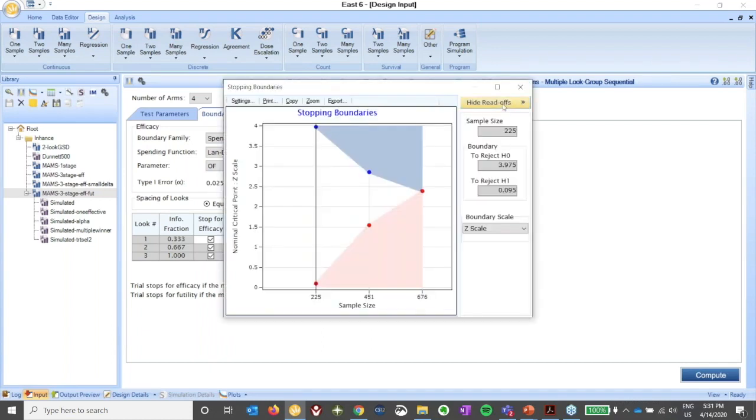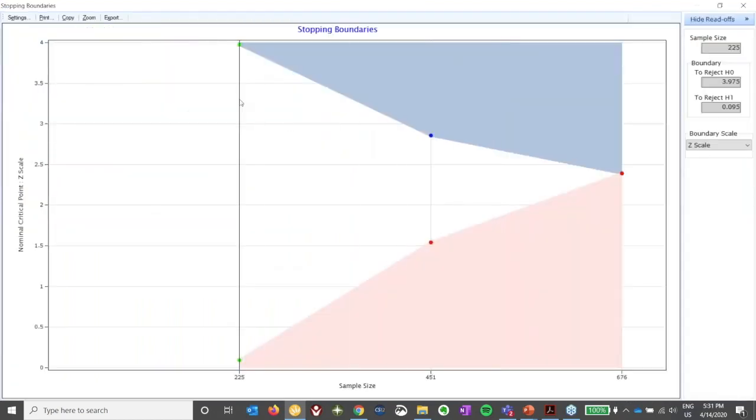So something that would look like this, where again, in the Z-scale, the efficacy boundary remains the same because we're using a non-binding futility stopping rule, while we have also the opportunity to stop for futility if all the arms cross the futility boundary at the first look.